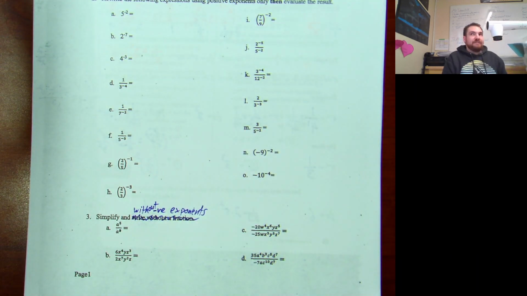Change the instructions on that last question: simplify and write without negative exponents. My bad, that was a mistake. Fractions are great. Negative exponents are the thing that's gross.